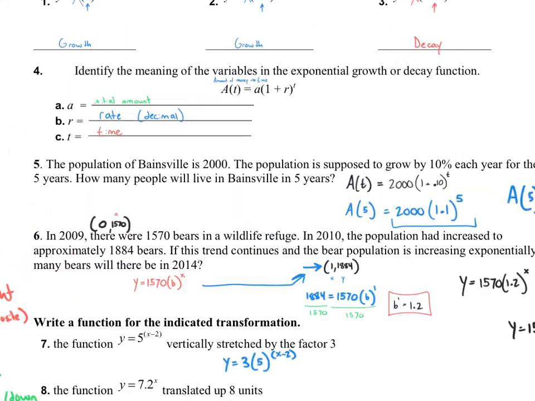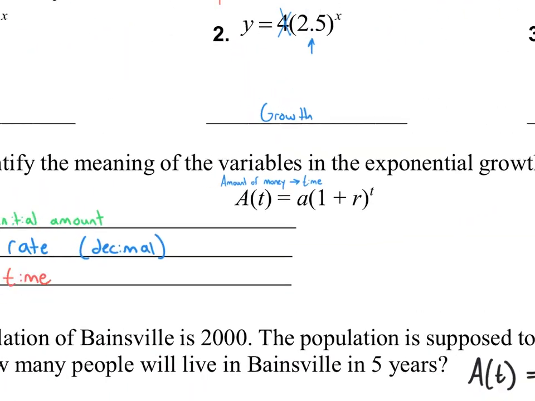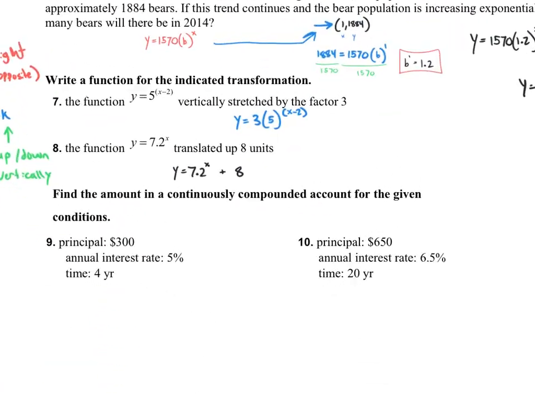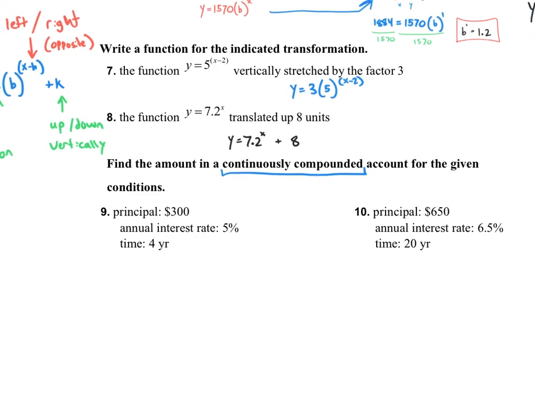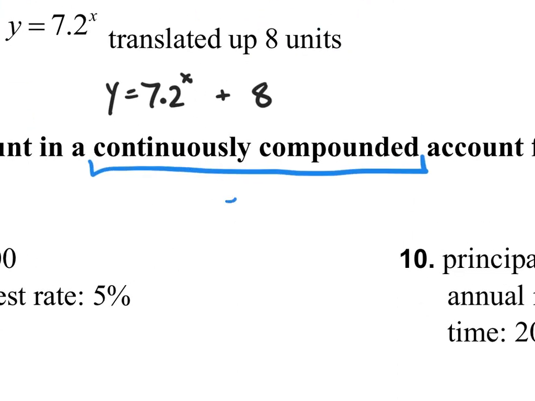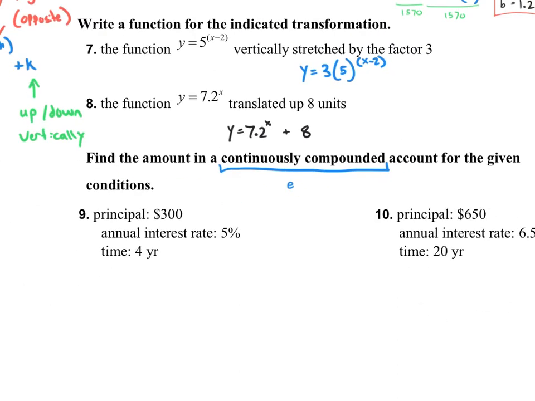This formula that we just used is the most common exponential growth and decay. There is another one that's called continuously compounded. And when we watched the video about E, it helped us see what continuously compounded meant.